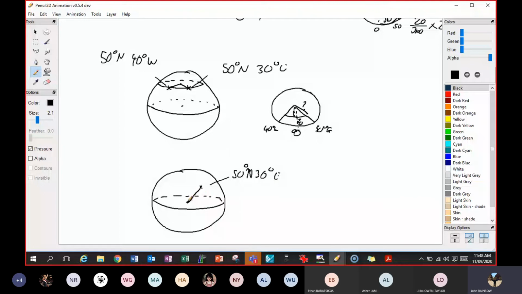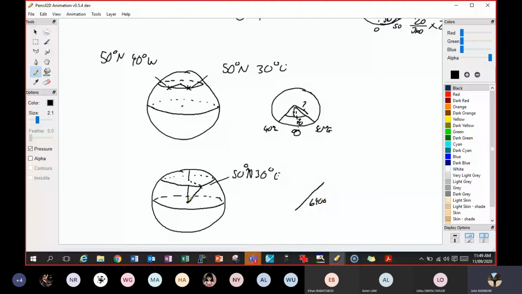Then what I can do is I also know that it's gone up 50 degrees north, right? So what I'm trying to find out is what the width is of this circle. Now, I know that if I went straight from here up, that would also be 6,400. But what hopefully you can see is that I can actually make a right angle triangle here. So that line goes all the way up. So that's 6,400. So what I can do here is that line here is 6,400.